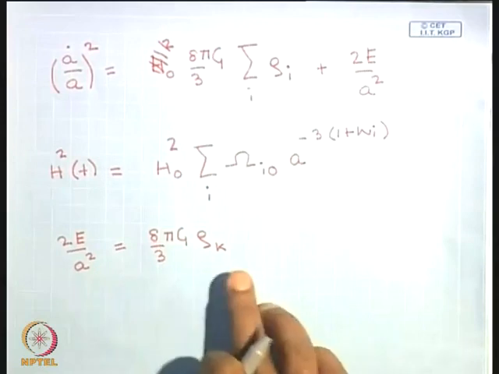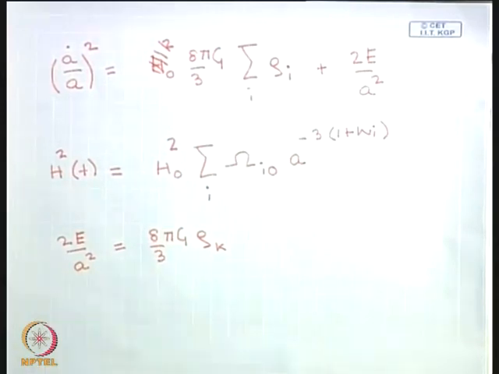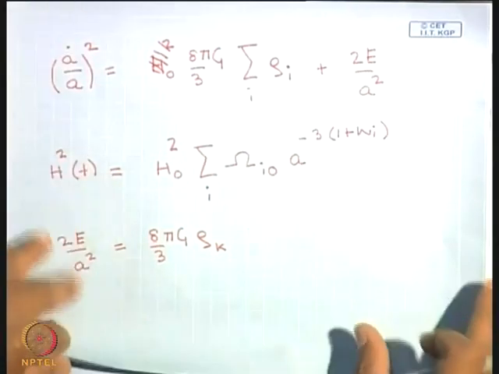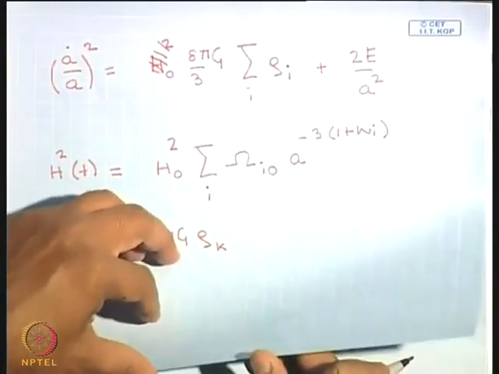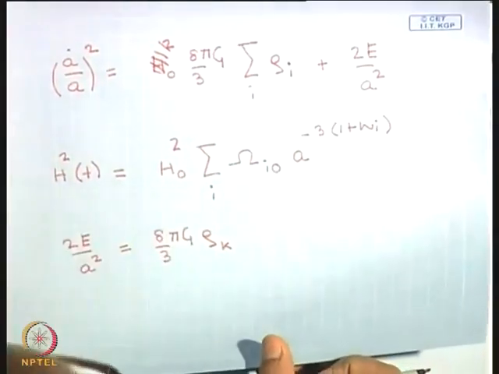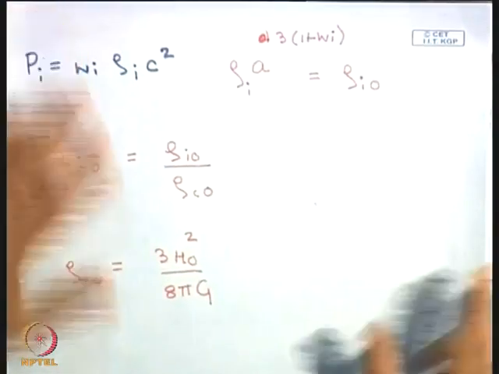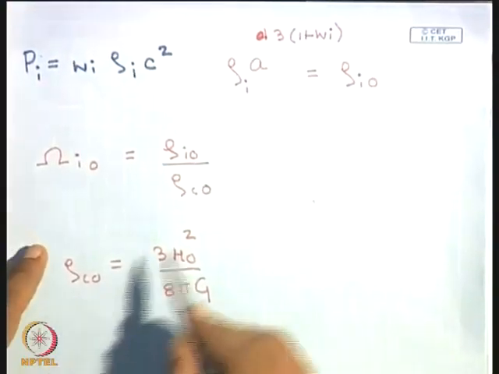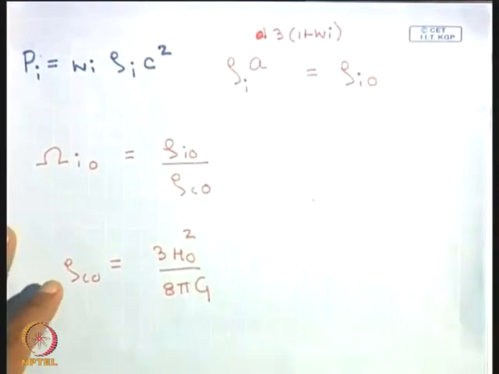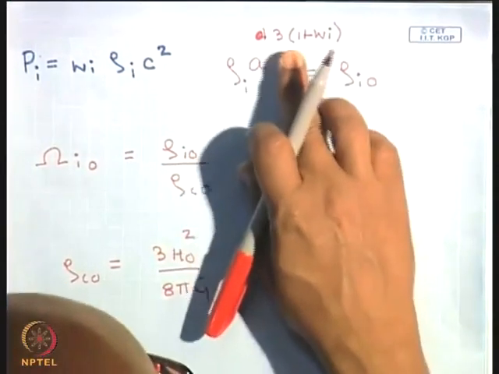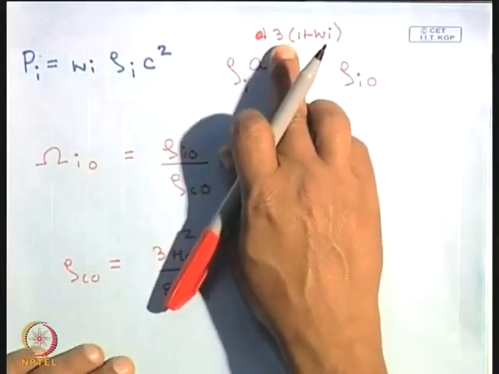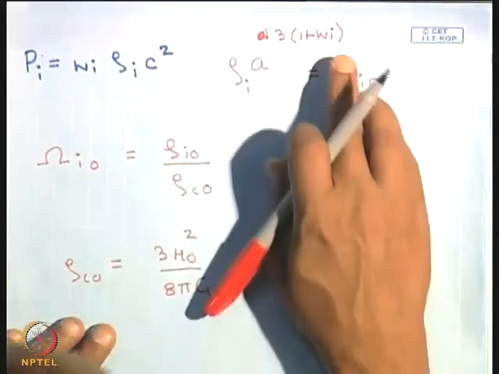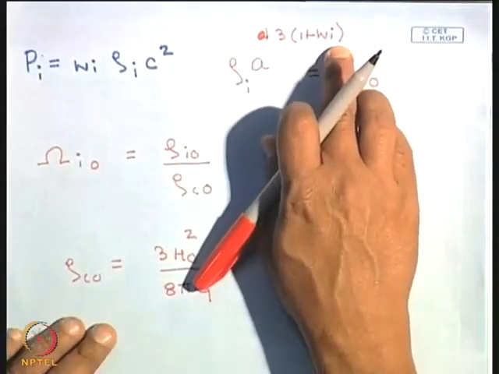So we have introduced a fictitious density by hand, and you want this to scale as A to the power minus 2 as the universe expands, so the w should be minus 1/3.